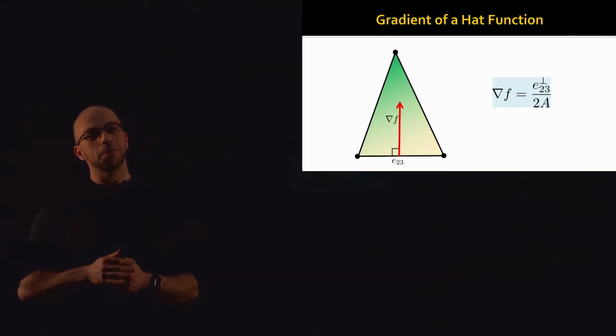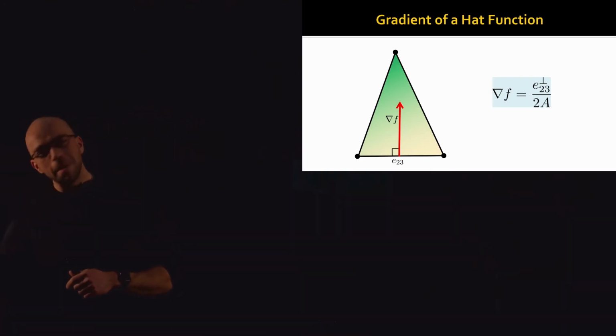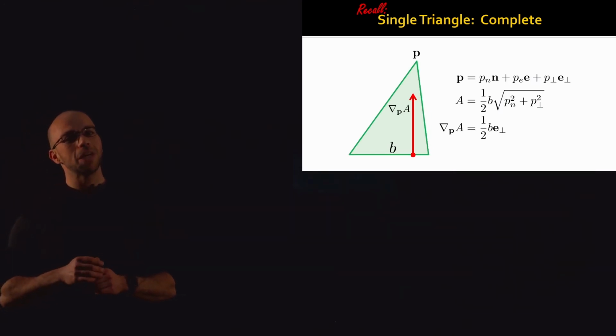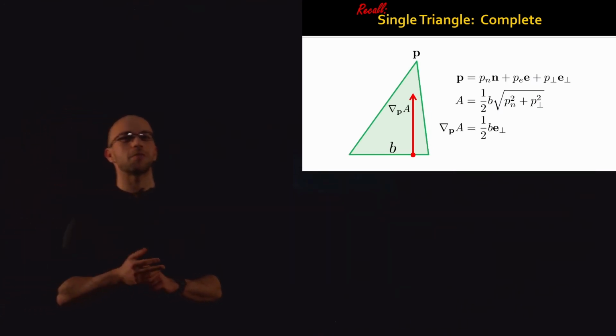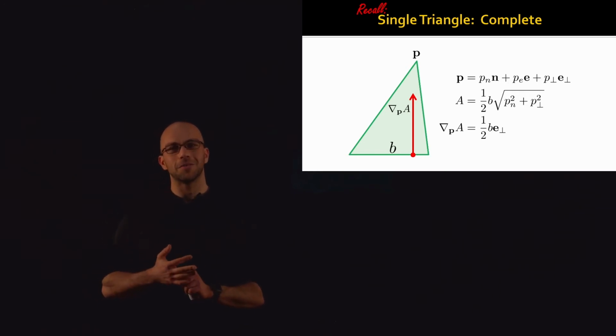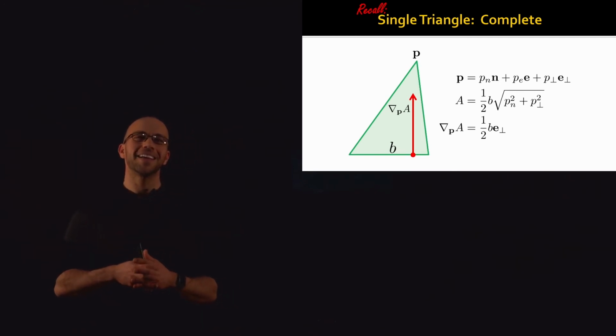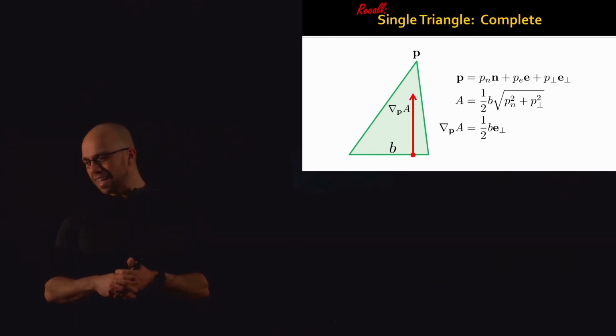One thing that we should do is quickly note a relationship between this formula and a formula we've actually already seen. Remember when we talked about computing curvature as the derivative of surface area, we differentiated the area of a triangle with respect to the position of a vertex. We actually got nearly an identical formula. And it turns out there's a very easy reason for that.